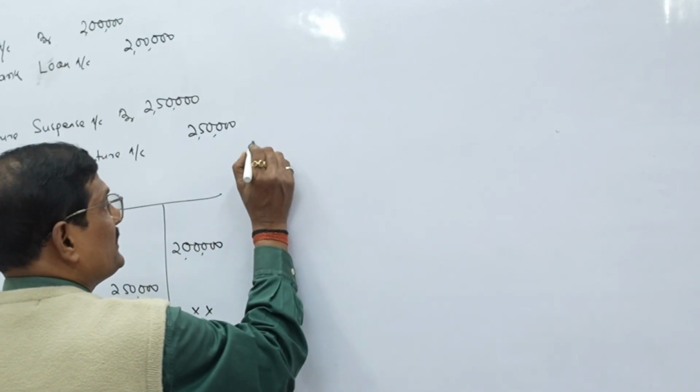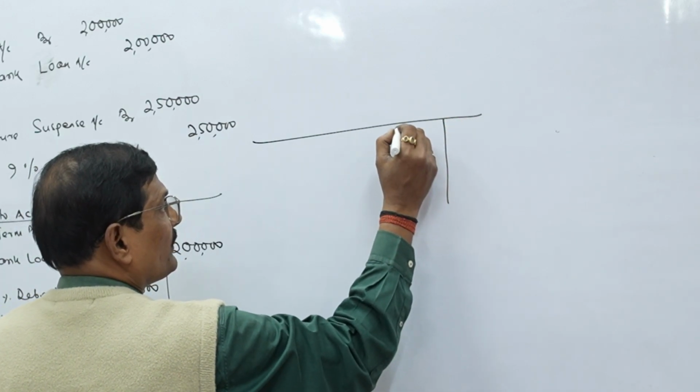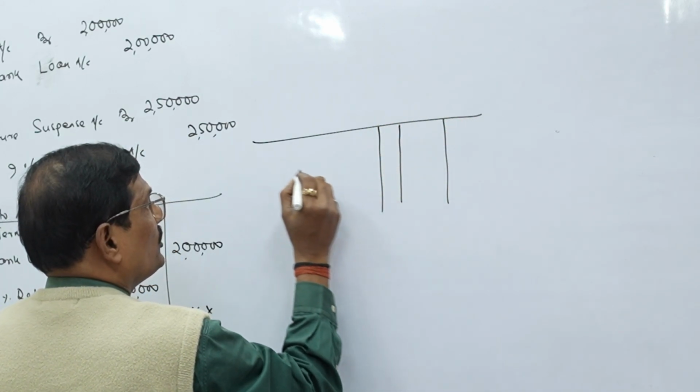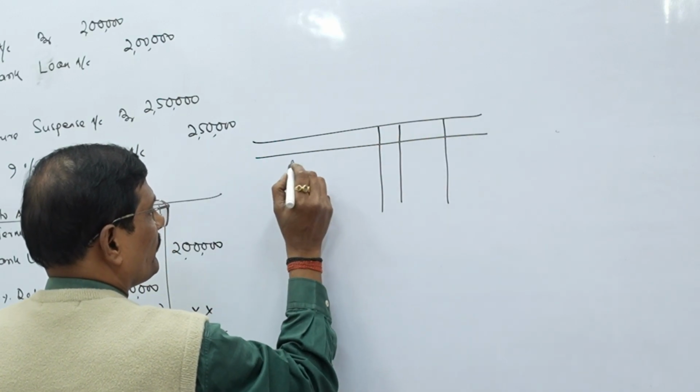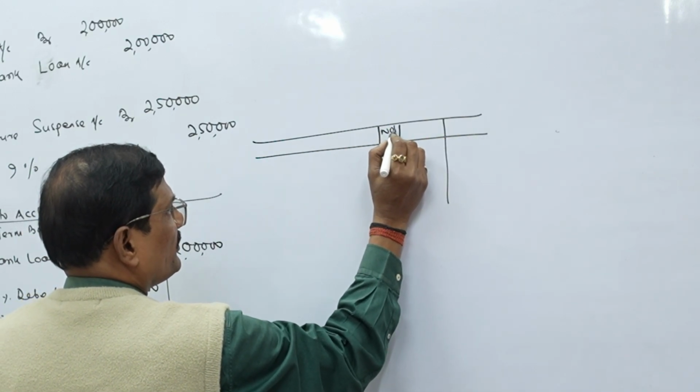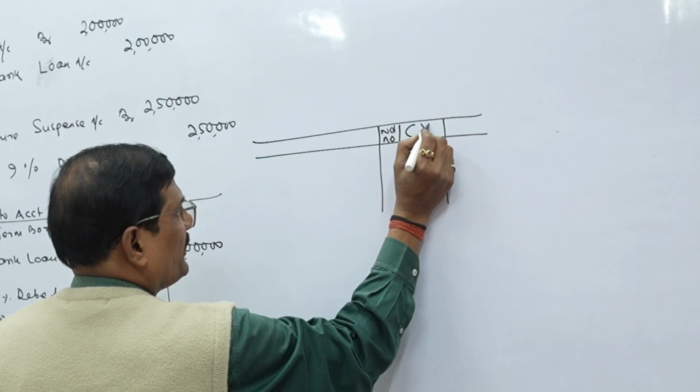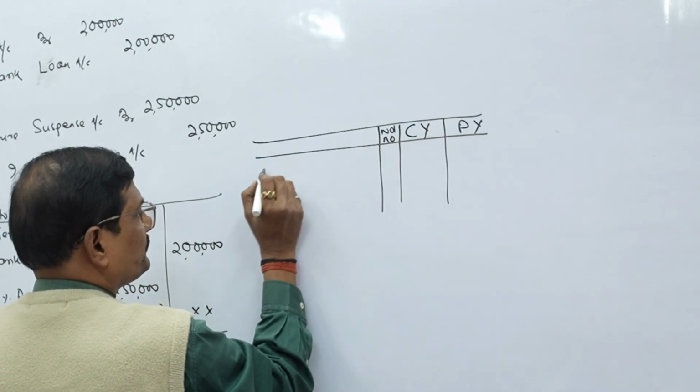And as far as the balance sheet is concerned, it is to be shown with note number, current year, previous year.